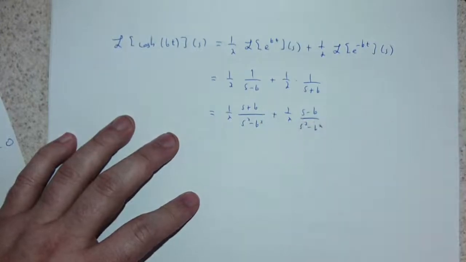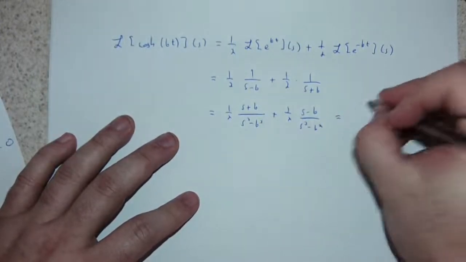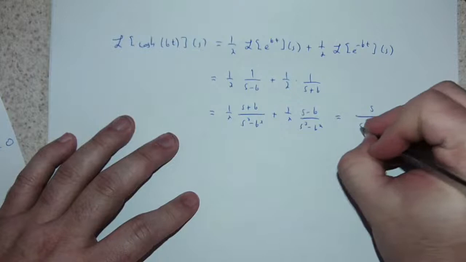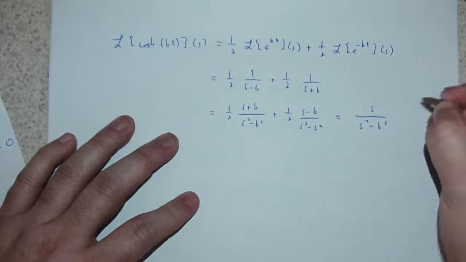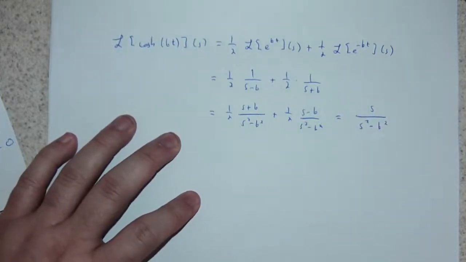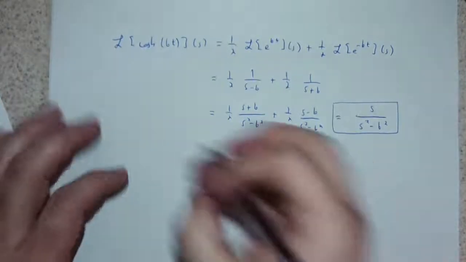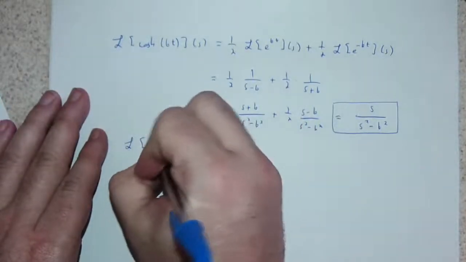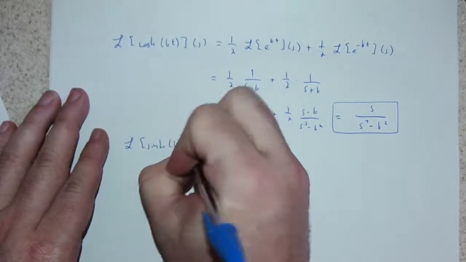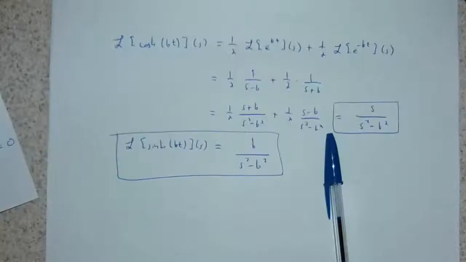The b's cancel, and what I get here is s over s squared minus b squared. Okay. And the Laplace transform of sinh of t, I won't go through all of this, but it's very simple.